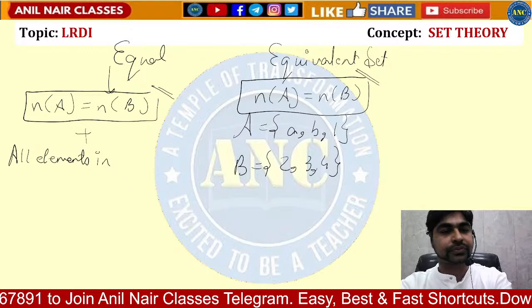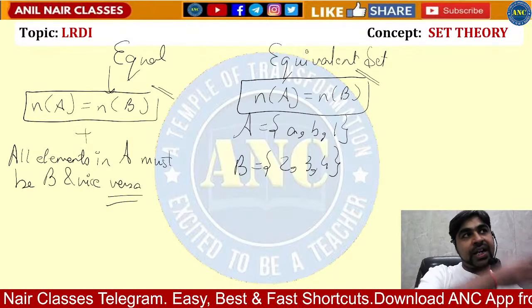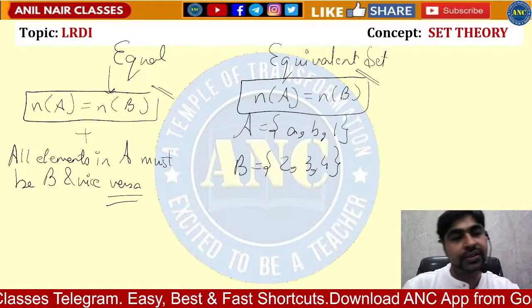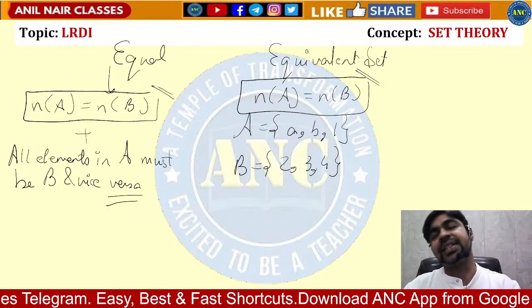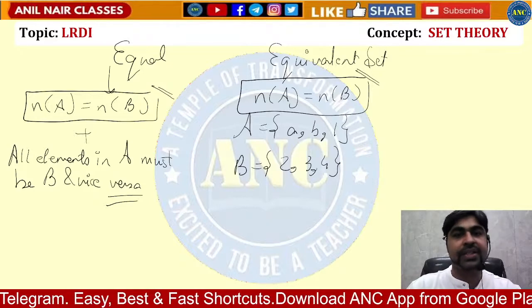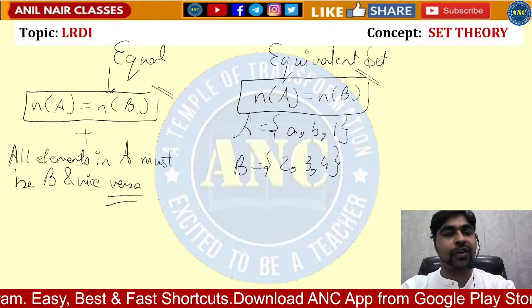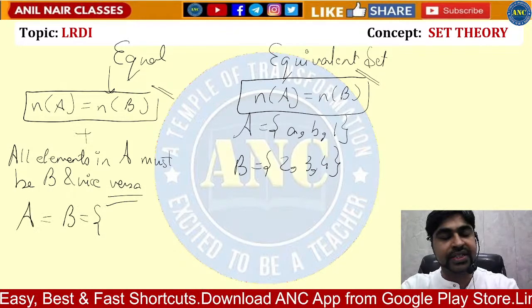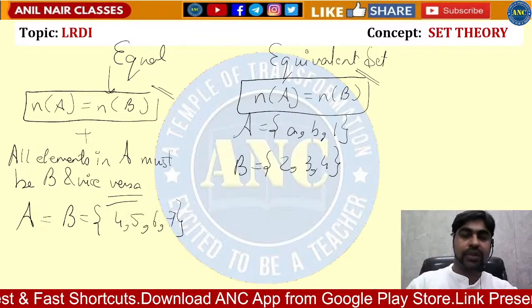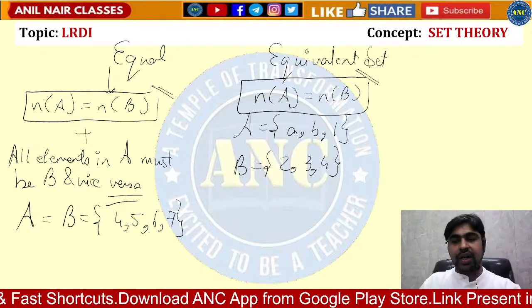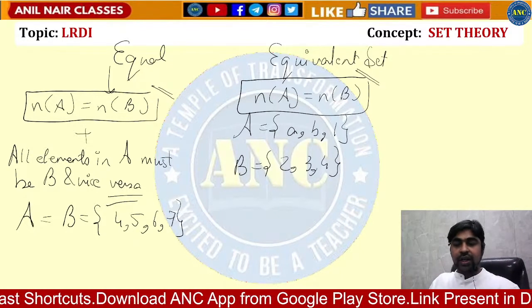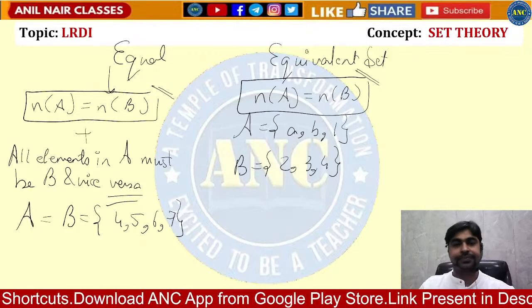Then that set would be called an equal set. That means all the elements are the same. So an example of that would be A equals B equals, let's say, 4, 5, 6, 7. This is an example of an equal set.